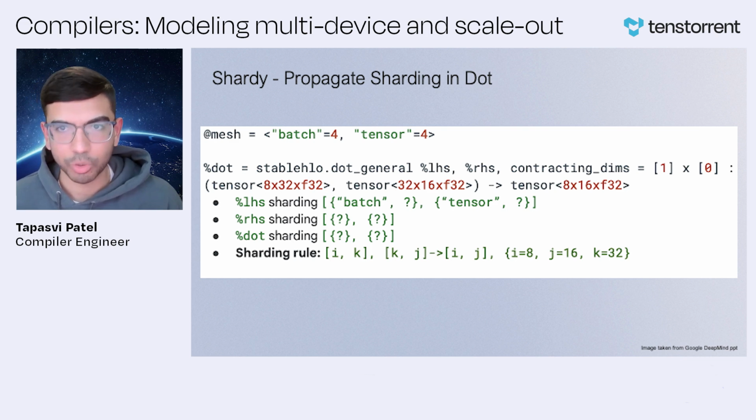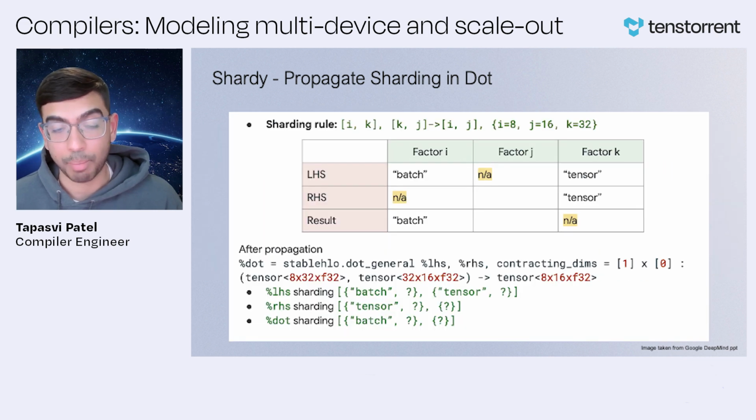To summarize the slide, essentially what we do is propagate the sharding dimensions across the factors. Factor i initially had a sharding dimension on batch, so we propagate that to the result because there is an i that exists in the result. So over here in our dot product, we have batch in the i place.